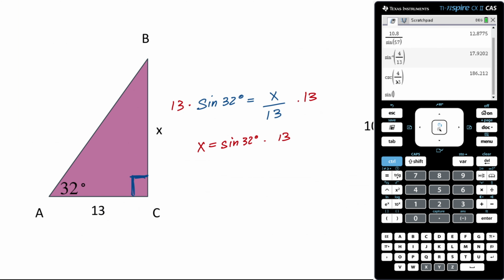So I need sine of 32 degrees, and then I'm going to multiply that by 13, and I get 6.88895. So x is equal to 6.88895.